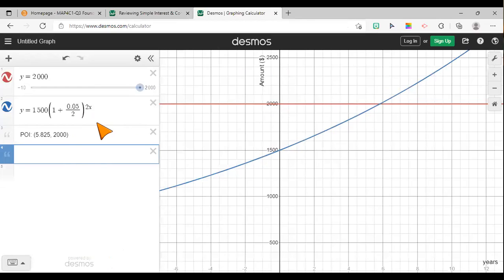So it's not like halfway through the year, you're at 2,000. You're going to have to wait till the end of the year before they actually credit you with all that interest. So after 6 years, the investment has grown to $2,000.